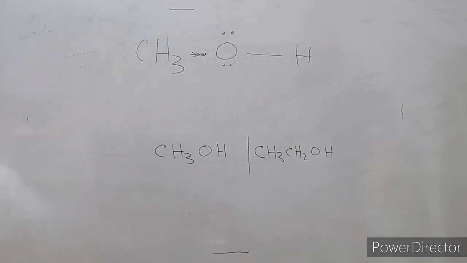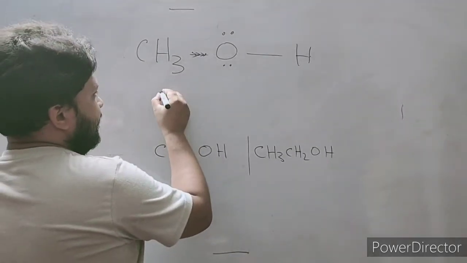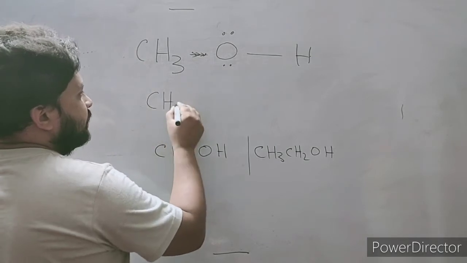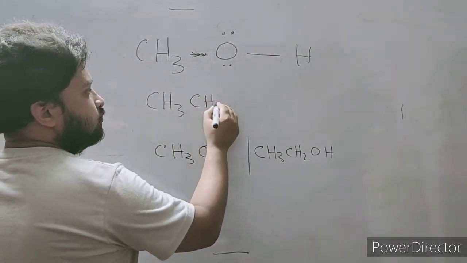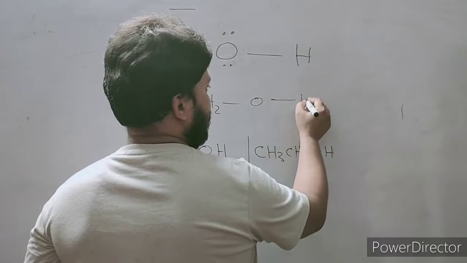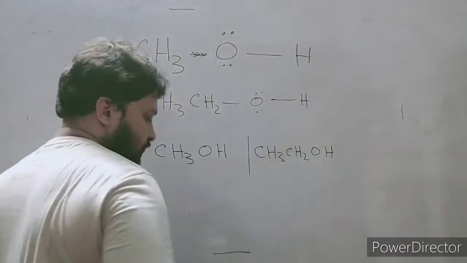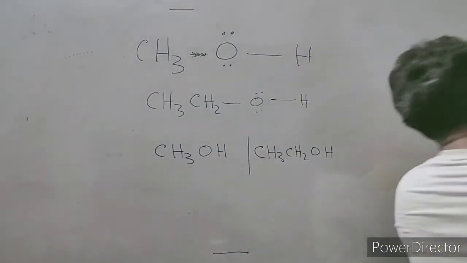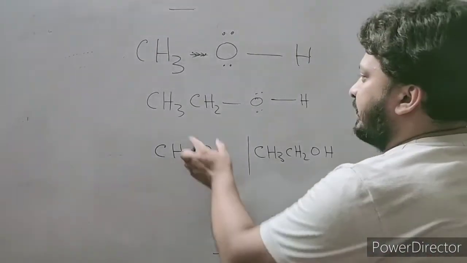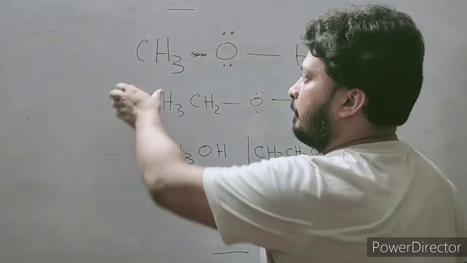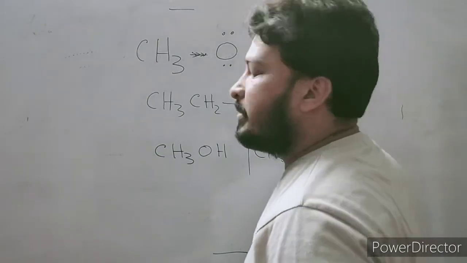Now the second one, this is CH3CH2OH. The ethyl group is a more bulky group compared to the methyl group.